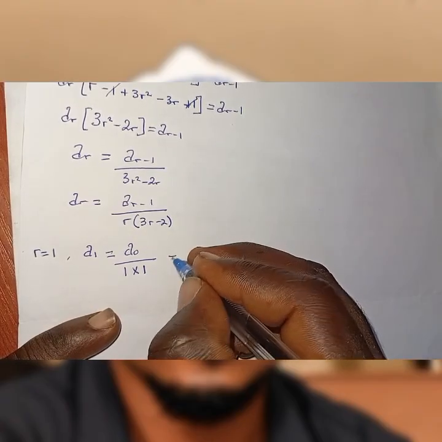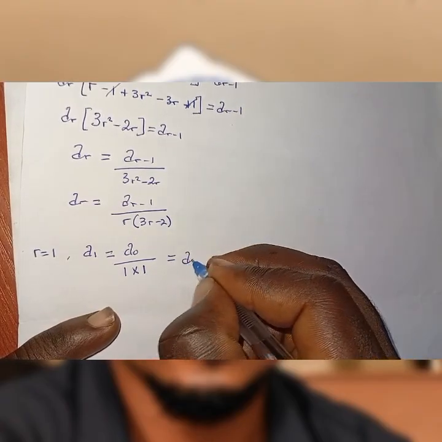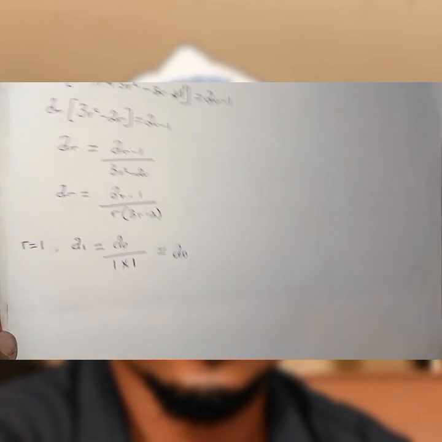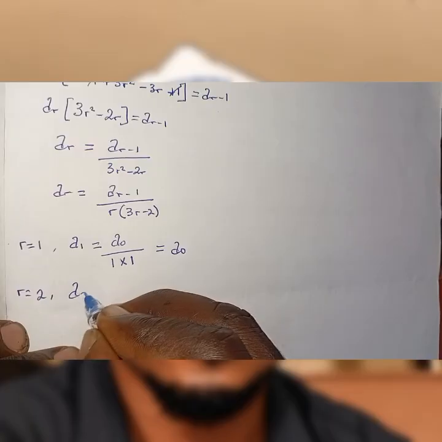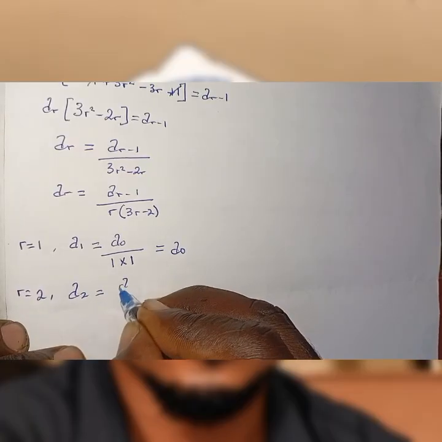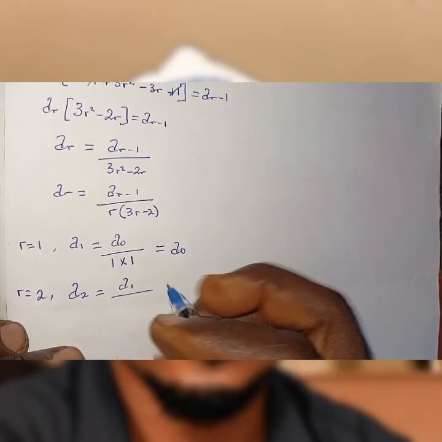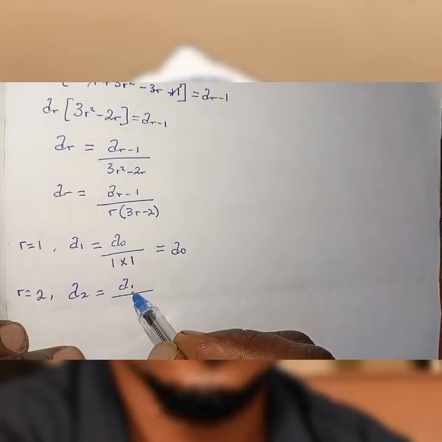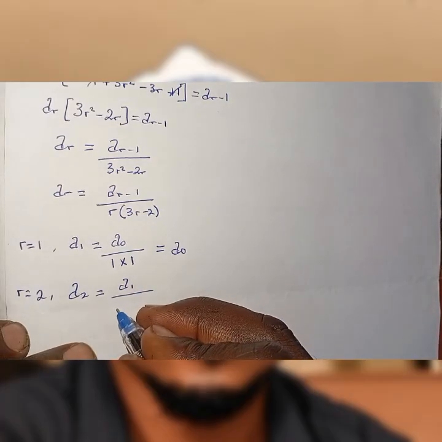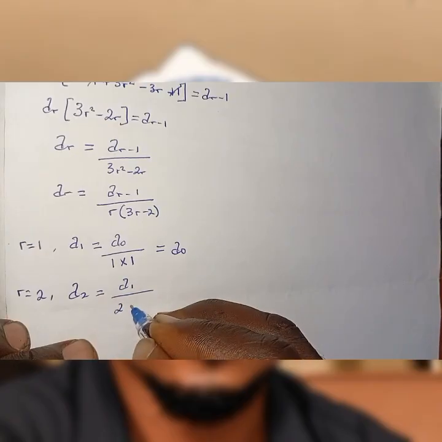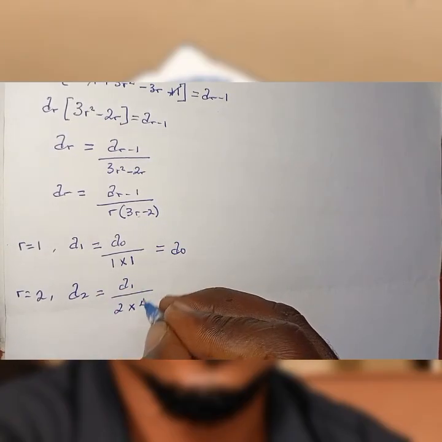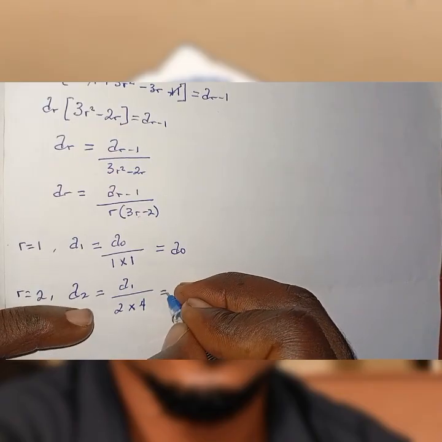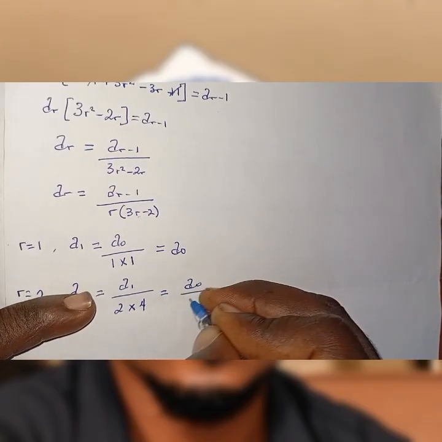So I have a naught, 1 over 1 is 1. Now when r equals 2, we have a2 to be a1 over 2 minus 1. So that's how we got this 1. So a2 will give us 2 times 2 times 3, 6 minus 2, that's 4. Now if we change it, that will be a naught over 2 times 4.